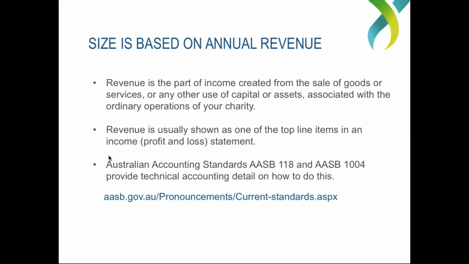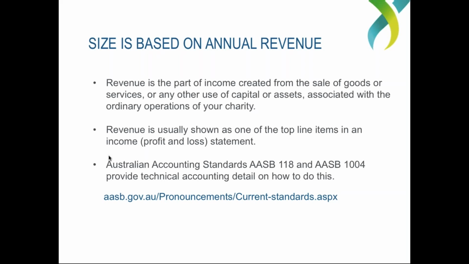So some of you might be asking, what is revenue? So just in simple terms, revenue is the part of income created from the sale of goods or services or any other use of capital or assets associated with the ordinary operations of your charity. So just as some examples, things that can be included as revenue are grants from government or foundations or private or any other sources, any donations or bequests received, any sale of goods, or even interest earned on investments or dividends.